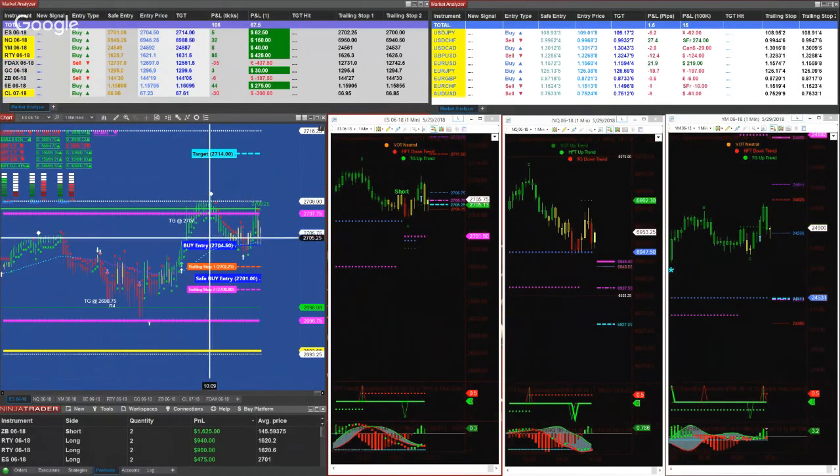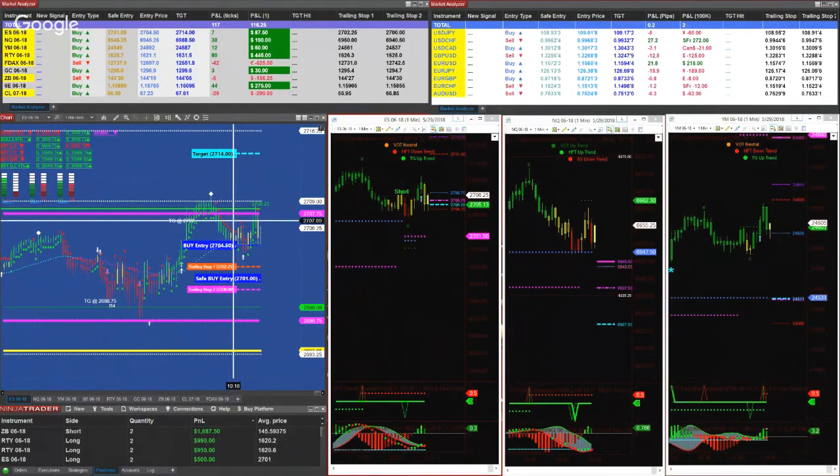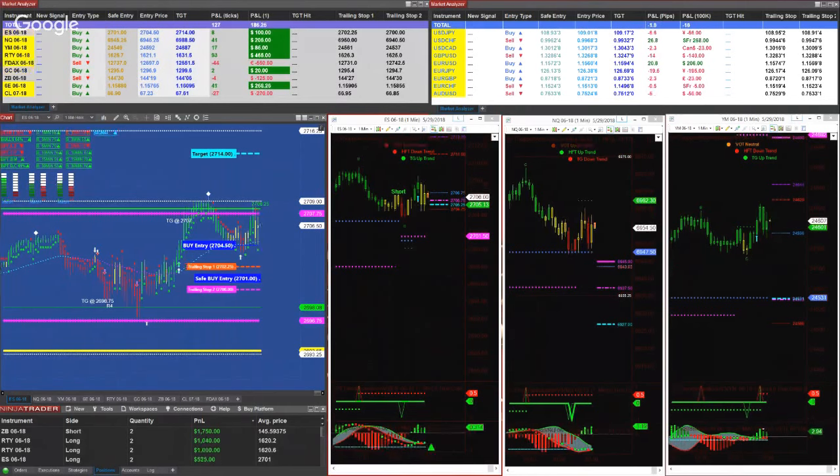If you see here, this is the entry price on the ES, and this is your resistance. So the ES is getting stuck between those two channels, and you have to make a bet on which direction it will break out from, and that's what we are looking at closely.